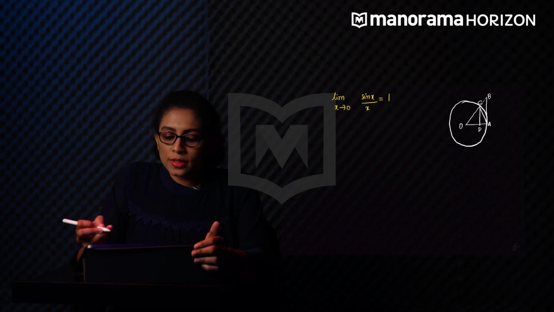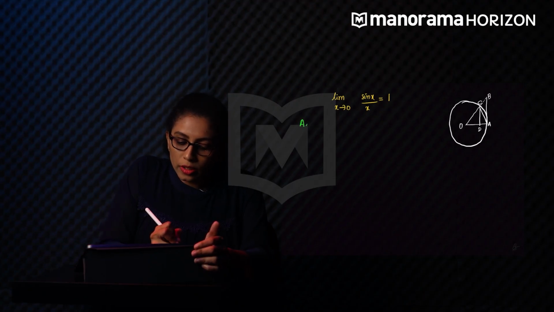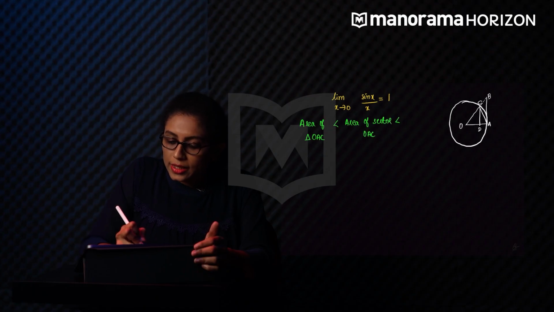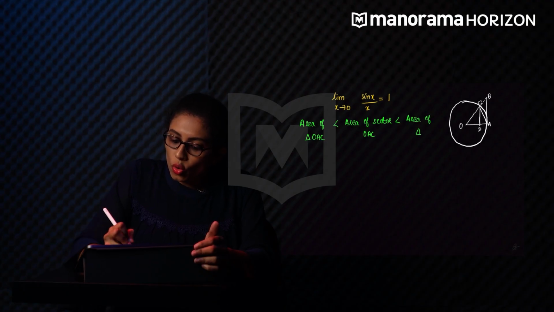So from this graph we can write area of triangle OAC is less than the area of sector OAC, which is less than the area of triangle OAB.